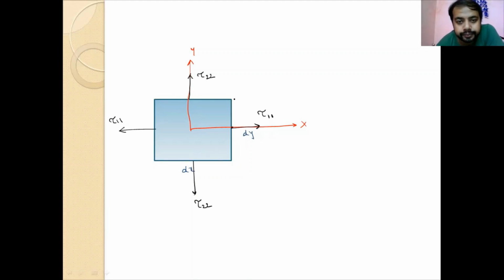Now here, a shear stress component is also there, and the opposite here. What is that? That is tau 1 2: the area is the same, area 1 and direction 2. Here also tau 1 2.